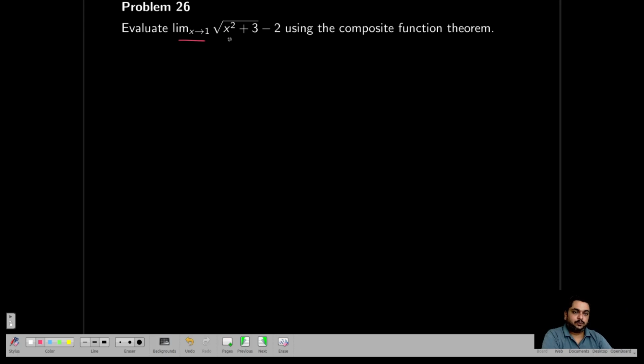Next, evaluate limit x approaches 1 of square root of x square plus 3, minus 2, using the composite function theorem. So composite function means let us assume g of x is equal to x square plus 3. Then f of x will be equal to the square root of some value, minus 2.